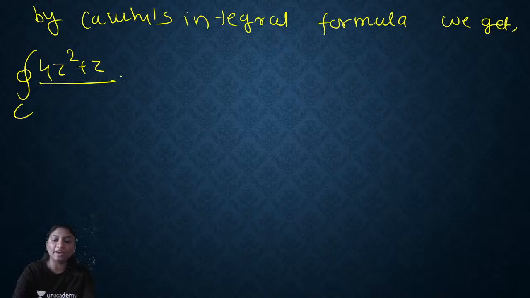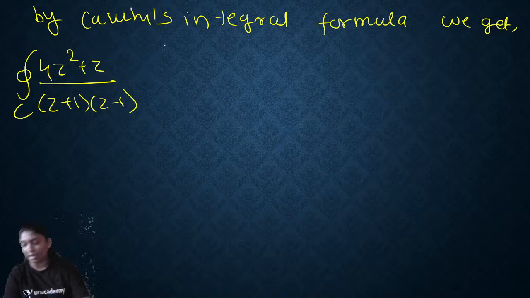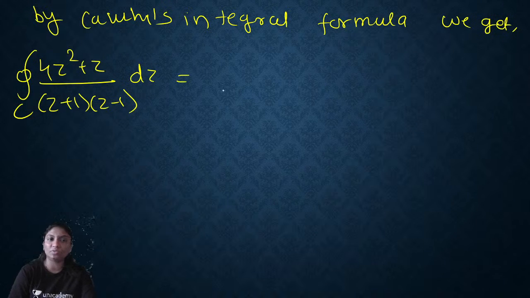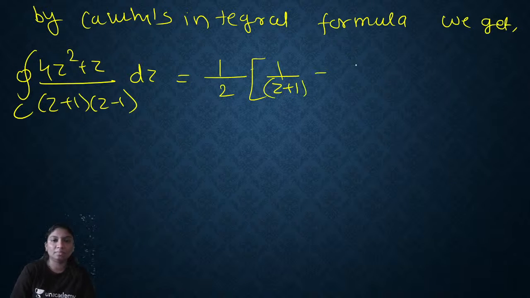Instead of writing z square minus 1, can I write z plus 1 into z minus 1, so that I can apply the partial fraction here. So 1 upon z plus 1, z minus 1, 1 minus minus 1, so you will get 1 by 2 here. So 1 by 2 into bracket 1 upon z plus 1 minus 1 upon z minus 1.